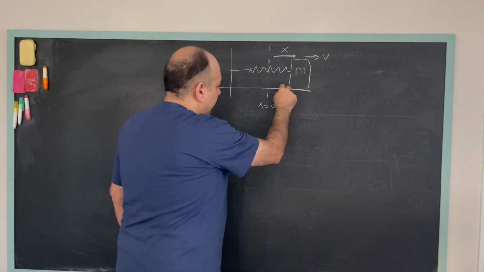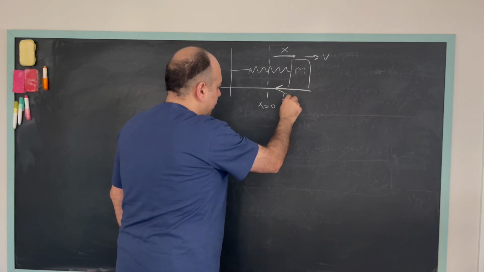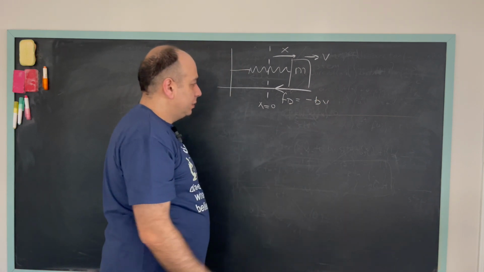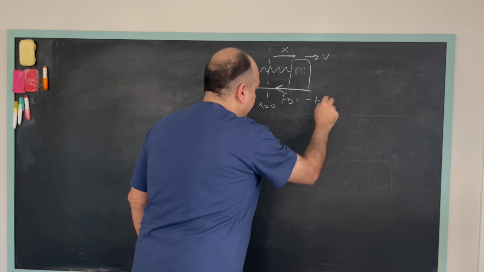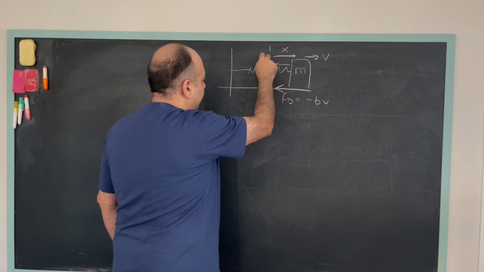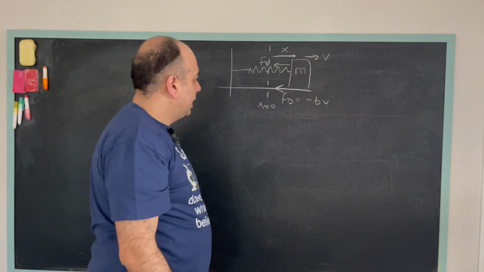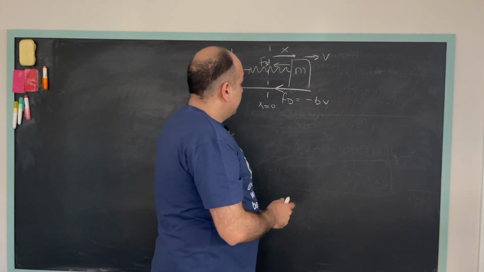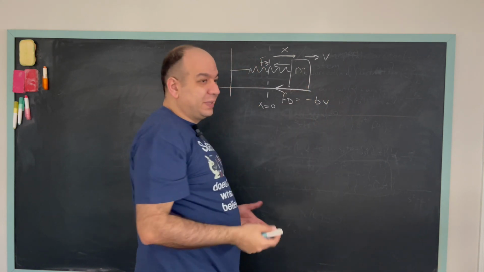So there will be a drag force. The drag force is given as minus b times v in this problem. And there is of course a spring force F_s acting on the mass, and that's actually it.